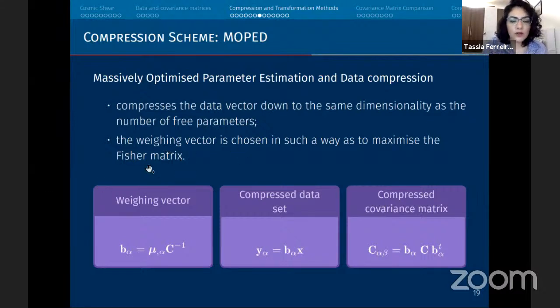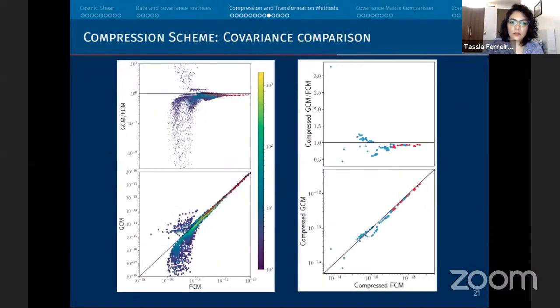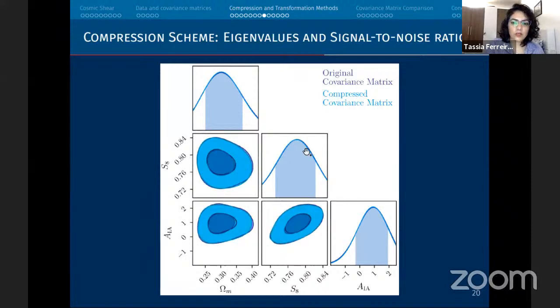So you might need some more corrections if your likelihood is non-Gaussian. This might just be a first-order approximation, but you might not be able to reproduce the constraints quite as well. Thank you.